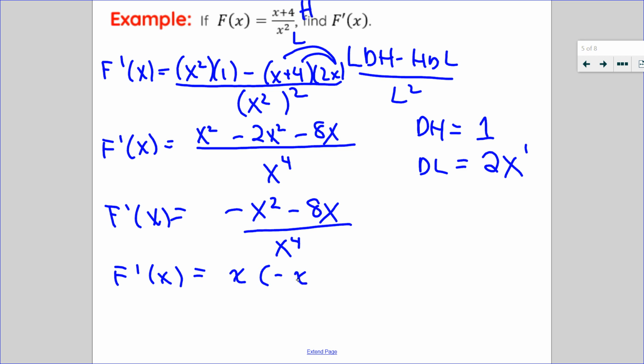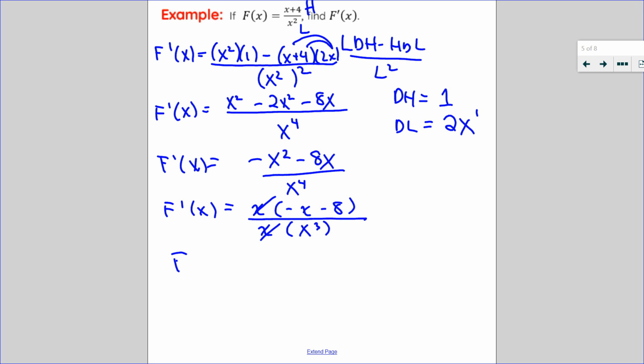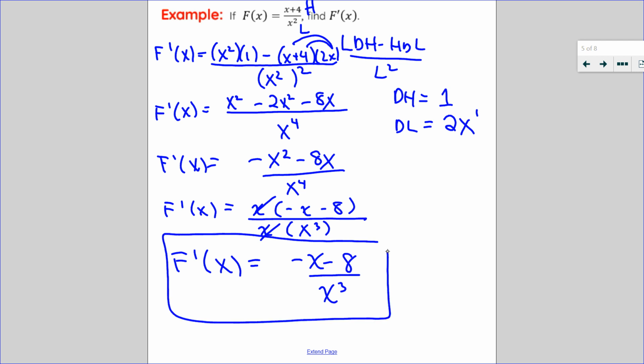I'm left with negative x minus 8 over, taking out a factor of x in the denominator, I'm left with x cubed. So those divide and cancel. That means my first derivative altogether is negative x minus 8 all over x cubed. So that's my first example.